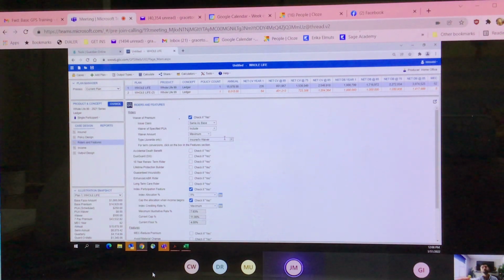Okay. So what it does is, if we have the extended conversion rider, that would allow us to convert the Guardian level term for all years in which it's for its full duration, whether that's 10, 15, 20, or 30 years. And we have waiver plus. Assuming I have that GLT 20, and I have the extended conversion rider and waiver plus, if I'm disabled in the 10th year of my policy and I'm permanently disabled, I would have 10 years remaining on that term, right?